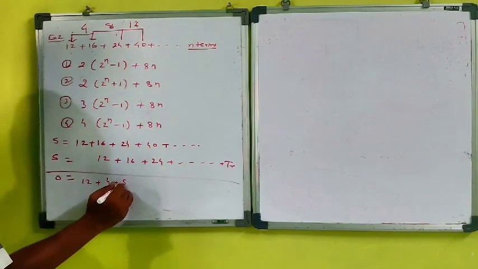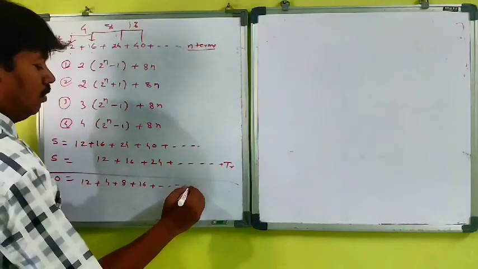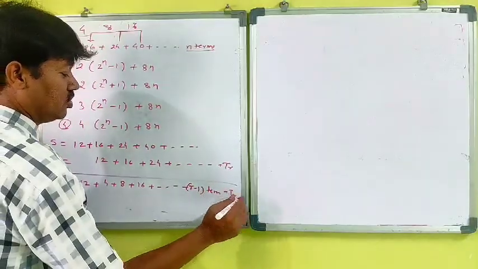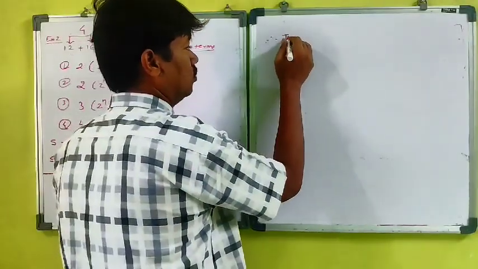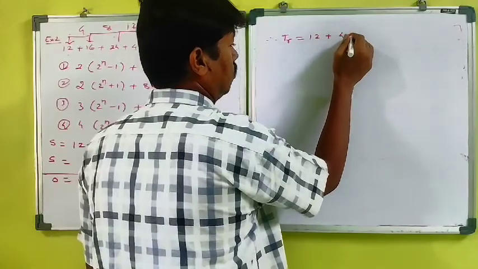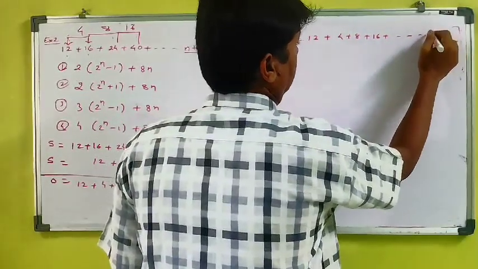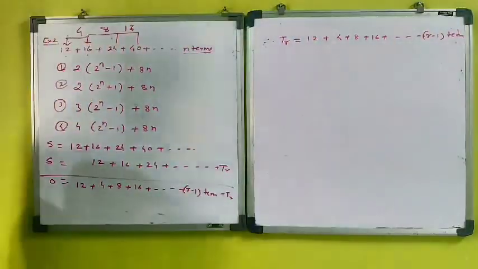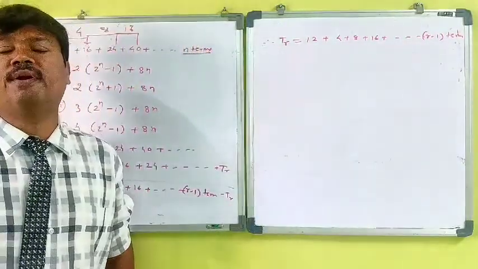This is 4, 8, 16. So this concept is always applicable, but it is r minus 1 terms and then Tr. So Tr is equal to what? Therefore Tr is equal to 12 plus 4 plus 8 plus 16, like this, r minus 1 terms in geometric progression. So it is the geometric progression where the first term is 4 and the common ratio is 2.